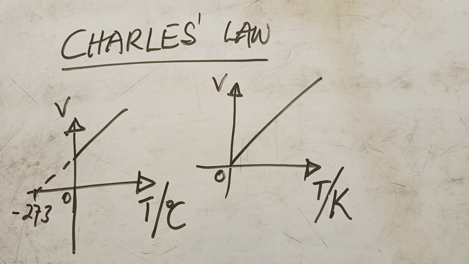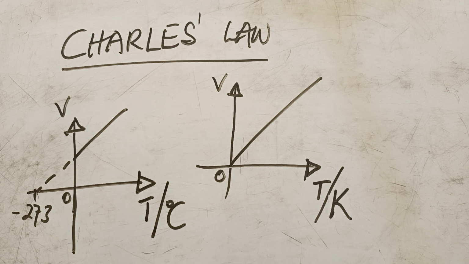But when we look at the graph of volume against temperature in Kelvin, we realize how the graph passes through the origin. So that is a graph of volume against temperature that we could describe with respect to Charles's law.